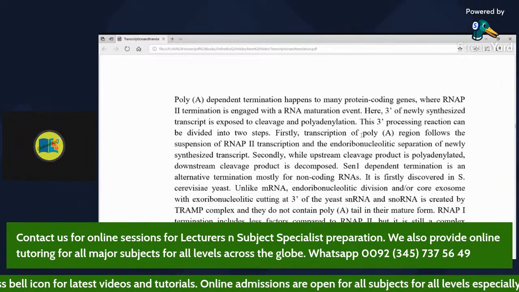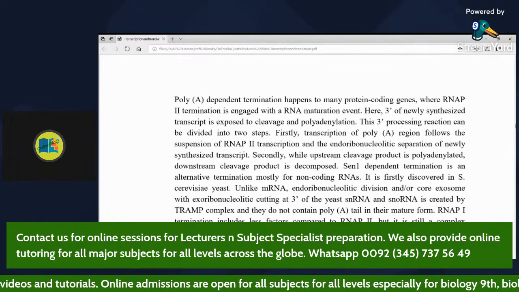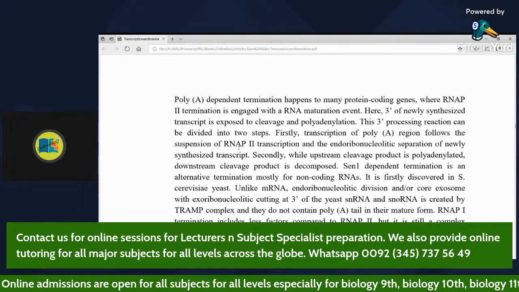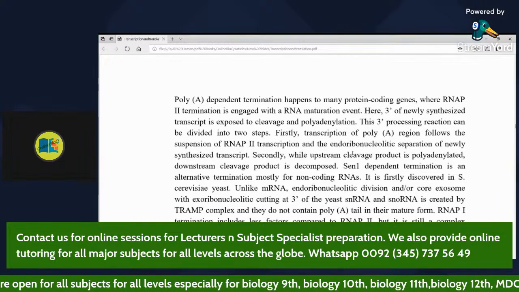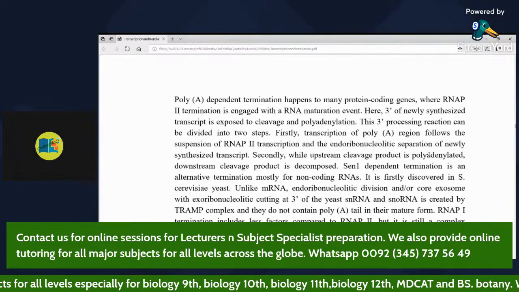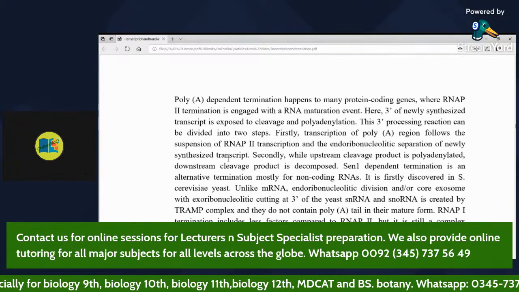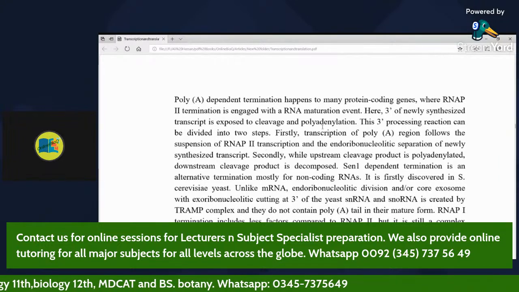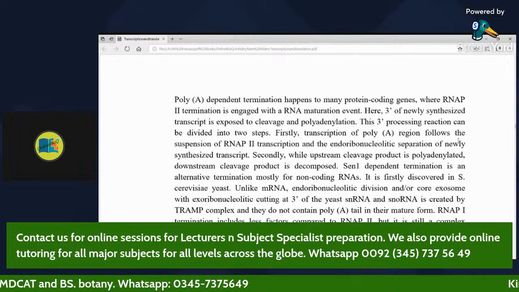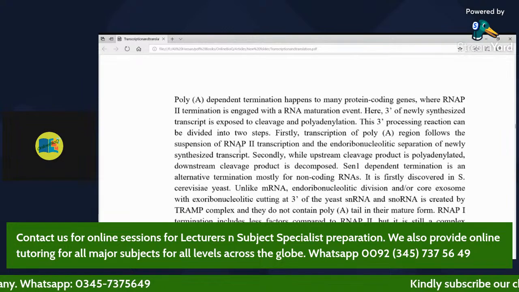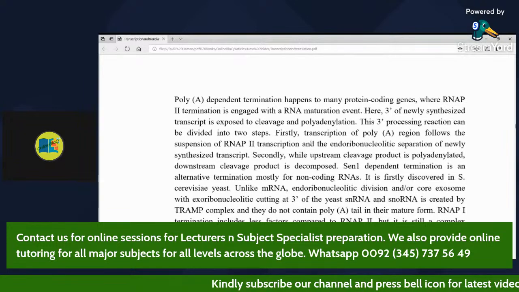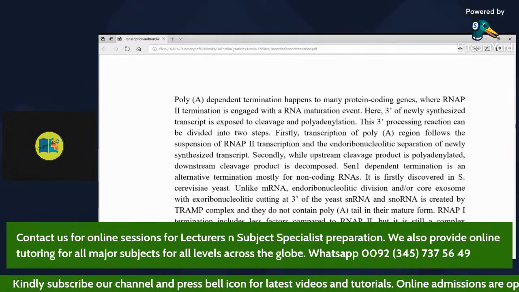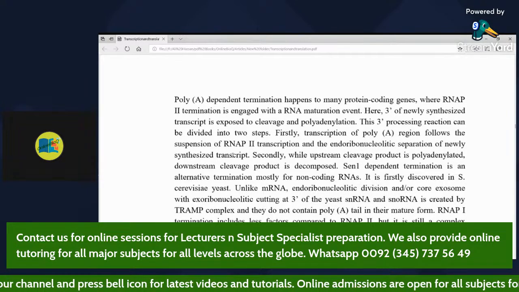Firstly, transcription of the poly-A region is followed by the suspension of RNA polymerase II transcription, and it is correlated with endoribonucleolytic separation of the newly synthesized transcript.